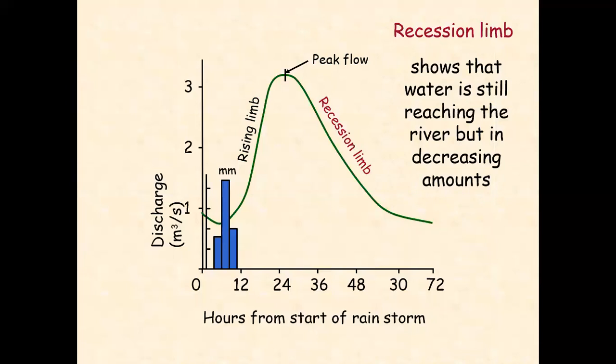The point of inflection on the falling limb indicates the stage when the rainfall has stopped and channel flow is due to storage made over the watershed. The shape of the falling limb is dependent only on the physical features of the channel and is independent of the storm characteristics.